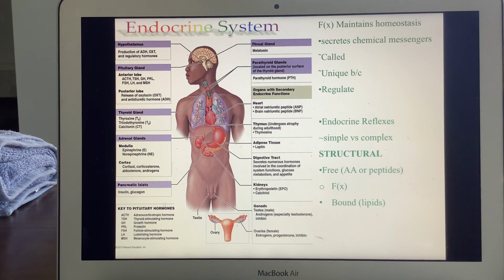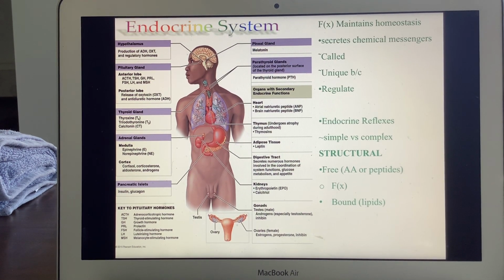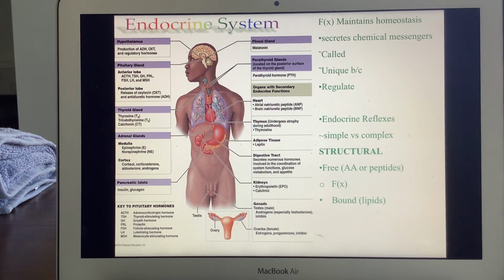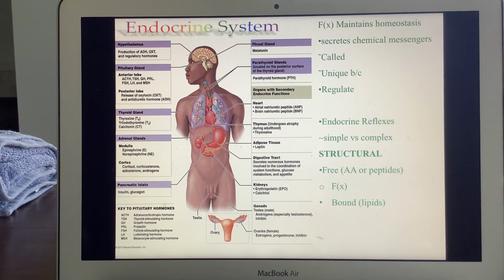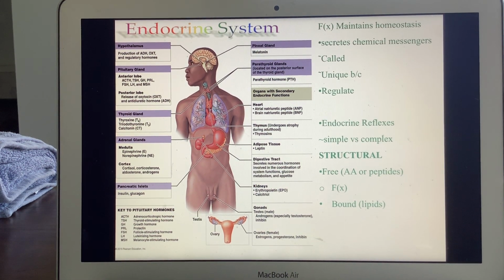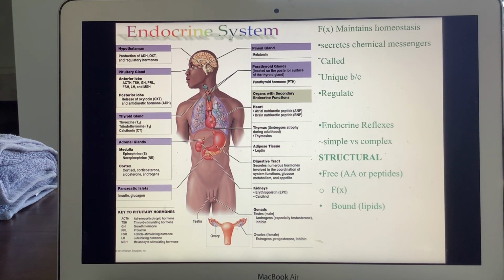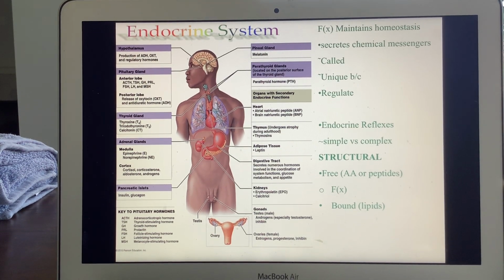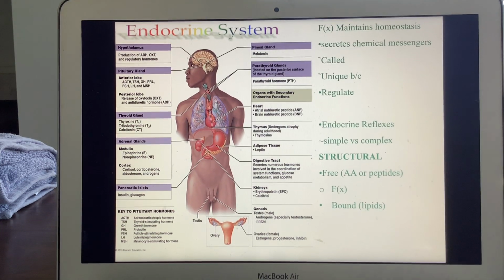Now, the second type of structural hormones are what we call bound hormones. Bound hormones are lipid-based hormones or sterols. Oil and water doesn't mix, neither does fat and blood. So when we talk about those bound lipid hormones, they have to be bound to a protein to make them soluble in blood because blood is mostly water.